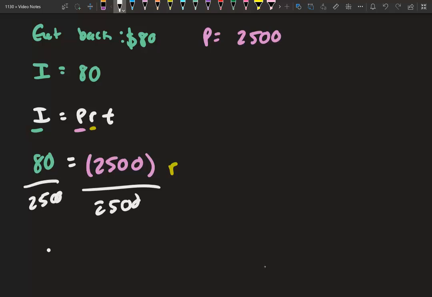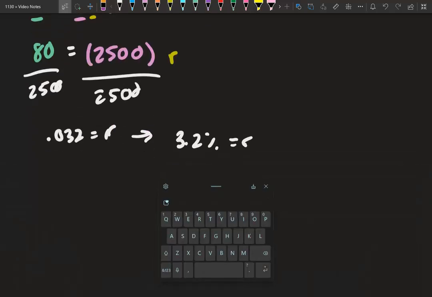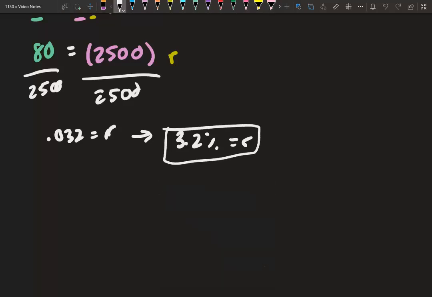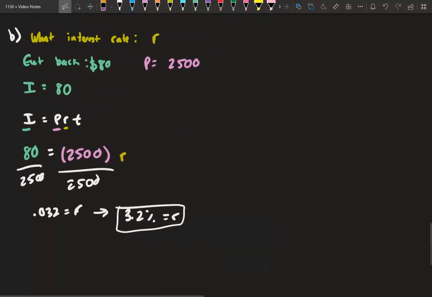And when we do, we get 0.032 is our R, which is 3.2%. So if we want to get $80 back every year, we should look for a 3.2% interest rate.